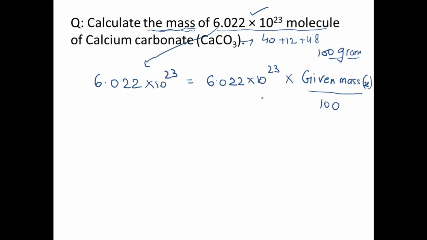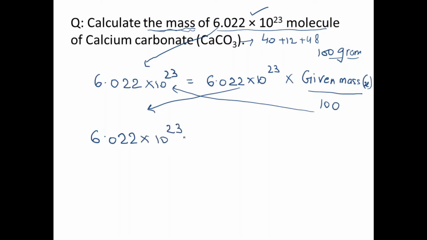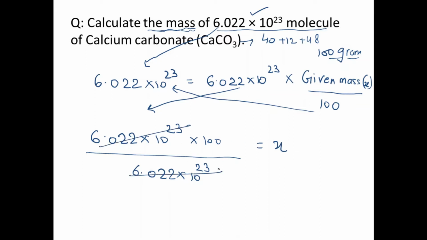So if I cross multiply, because this will go here and this will go in the denominator, this shall be 6.022 times 10 raised to the power 23 times 100 divided by 6.022 times 10 raised to the power 23 is equal to our x, which we are supposed to calculate. This cancels out and x is equal to 100 gram, which is the answer of the question.